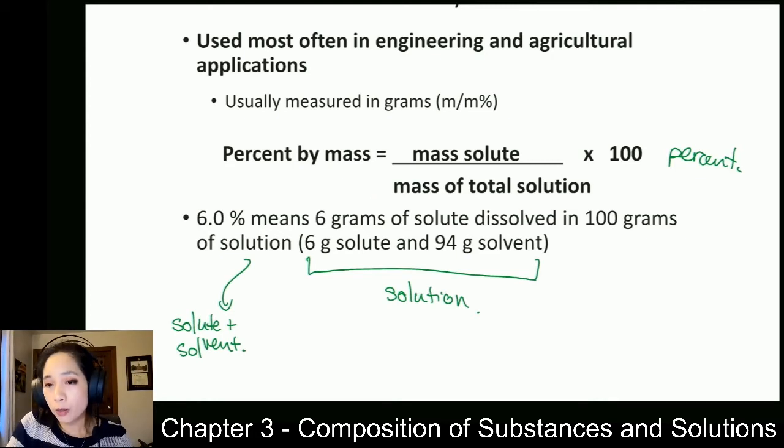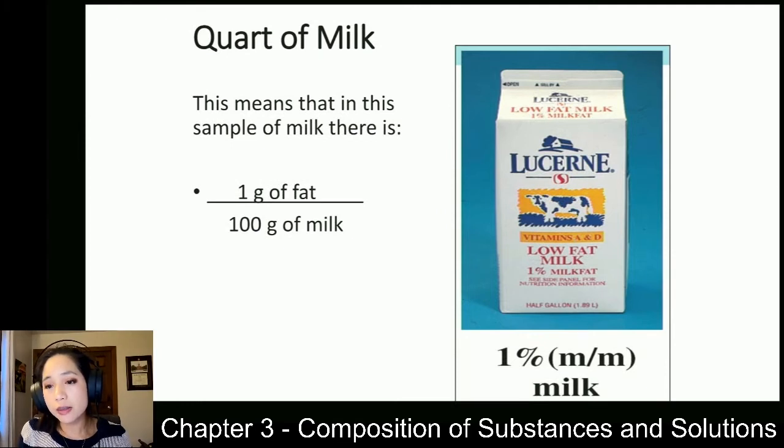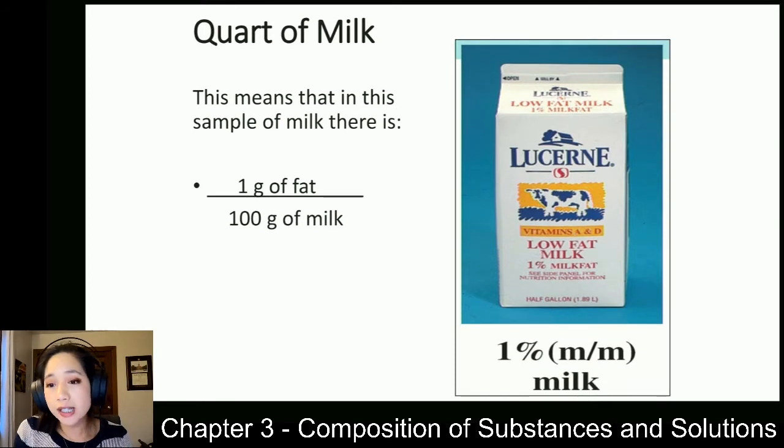Remember our molarity unit was moles over liters. In this case, it's just a different unit to convey how much solute is dissolved in your total solution. Milk is a good example: the fat content of milk is often expressed as a mass percent. The 1% milk you might get at the grocery store is 1% fat by mass.